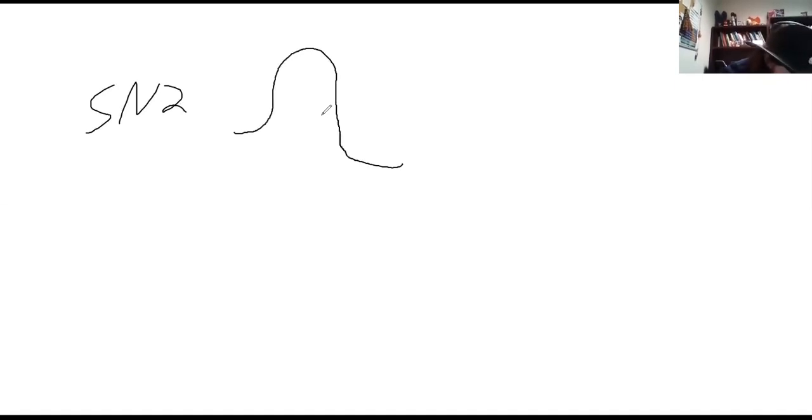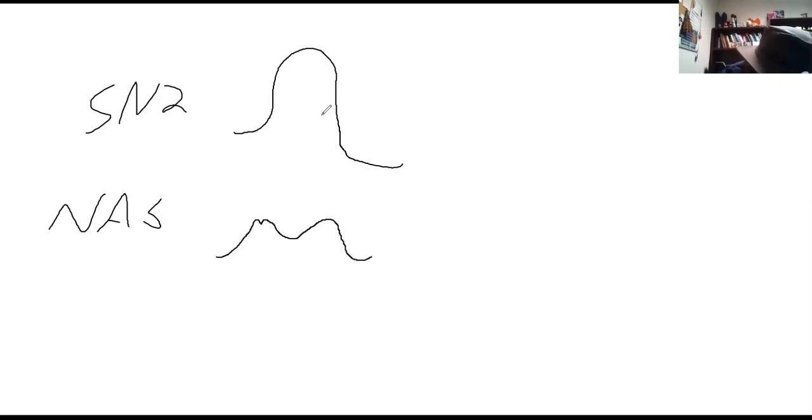But with nucleophilic acyl substitution, these reactions, I'm going to abbreviate this NAS, we have a lot of smaller steps with lower energy barriers.